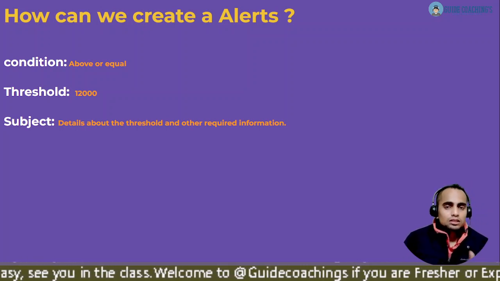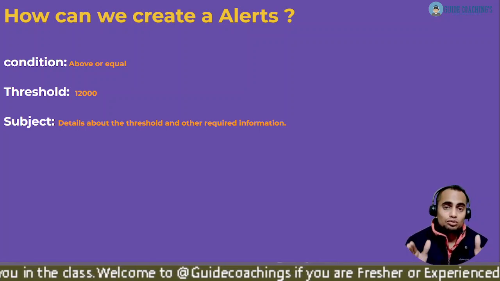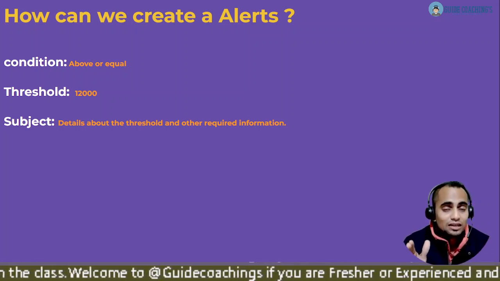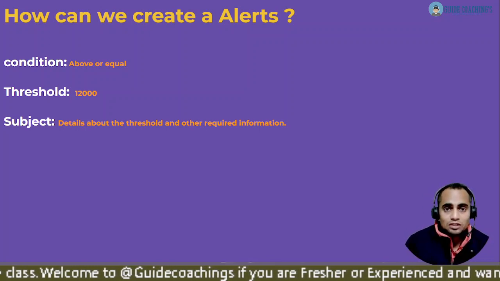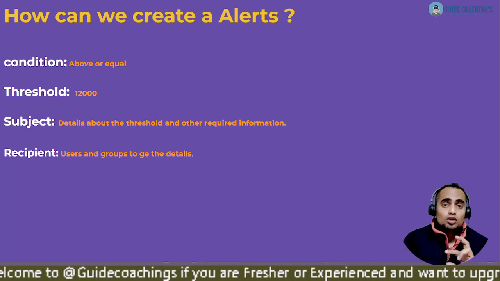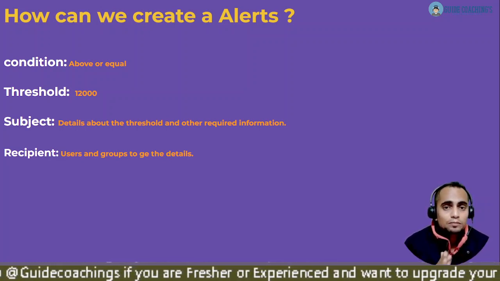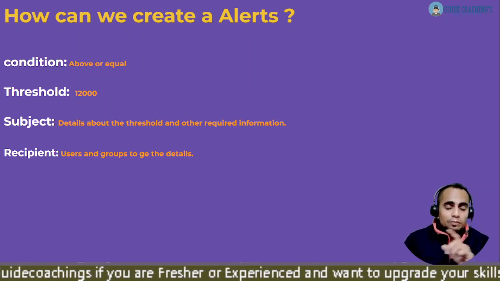Then the second point is the subject. We can write a subject describing what exactly this alert is about. Then we have the recipients. All the recipients whom we want to keep notified will be added over here.